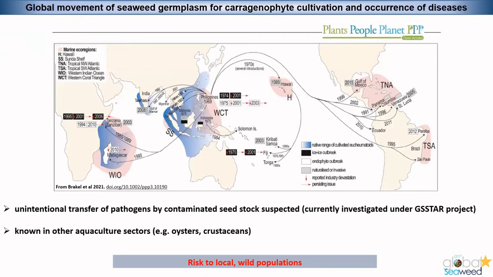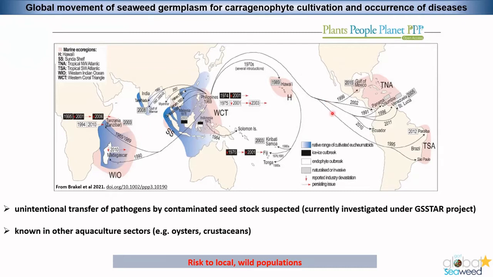Apart from this, I think the carrageenophyte cultivation gives also a very prominent example of germplasm movement and unwanted side effects. When you see the map here from the late 1970s, Kappaphycus has been introduced from the Philippines to various countries within or without its native range.